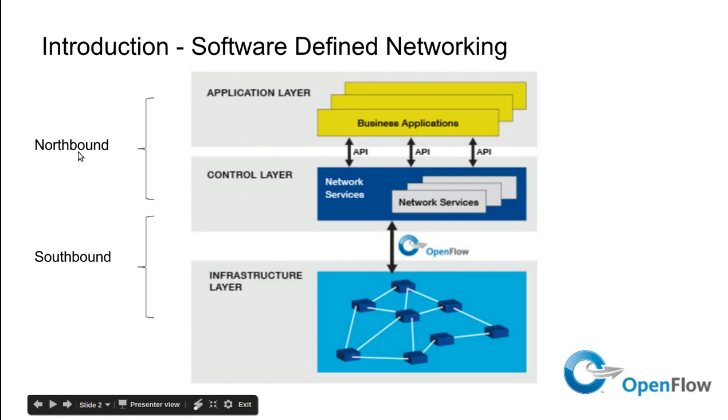The first part is the northbound, which focuses on communication between the application layer and the control layer, and the second part is called southbound, which focuses on communication between the control layer and infrastructure, or our forwarding plane. So OpenFlow operates in the southbound of the software-defined networking architecture.